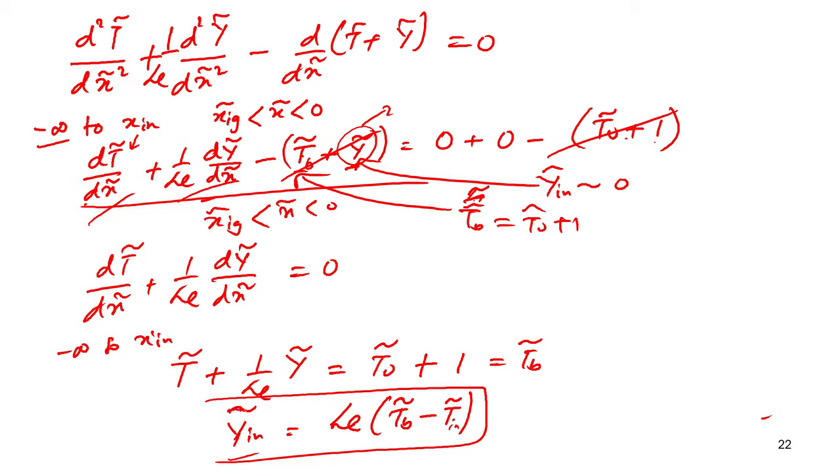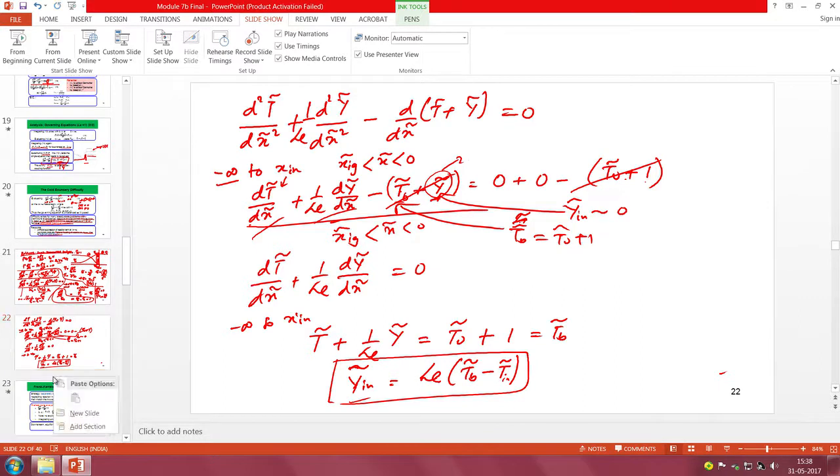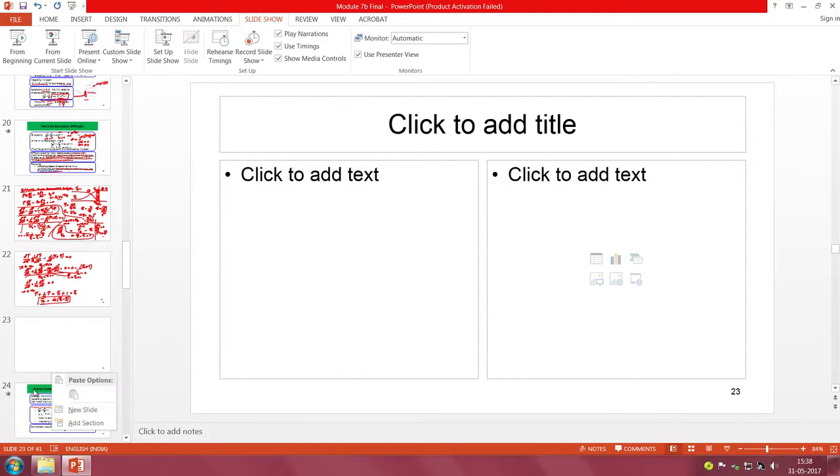So then we can write Ỹ_in is equal to Lewis number times (T̃b minus T̃_in). This is a very important thing, because now if we go back to our energy equation, we can substitute this. We have got Ỹ_in equal to Lewis number times (T̃b minus T̃) at the inner zone, T̃_in.